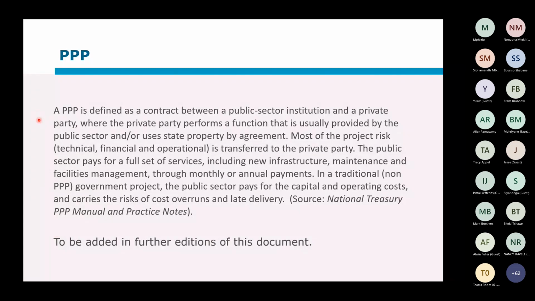So the public-private partnership is, and this comes from the document, a contract between the public sector institute and the private party. What happens is this private party actually takes over responsibilities and management and operational risks for that function, whereas the public sector, which would be the municipality or similar, pays that private party for all of these services.